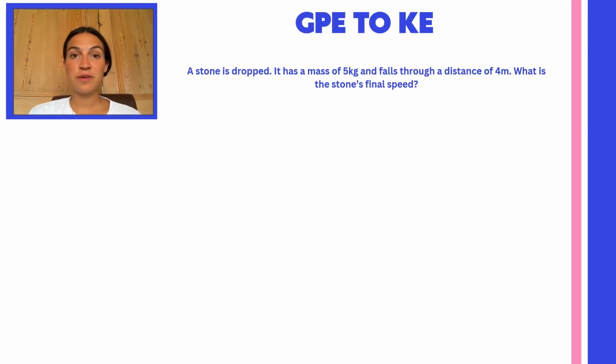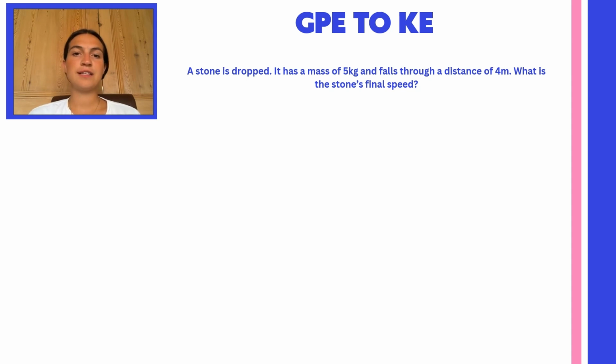Okay, moving on to questions where I have to think about GPE and KE together. So we have a stone dropped. It has a mass of 5 kilograms and falls through a distance of 4 meters. What is the stone's final speed?